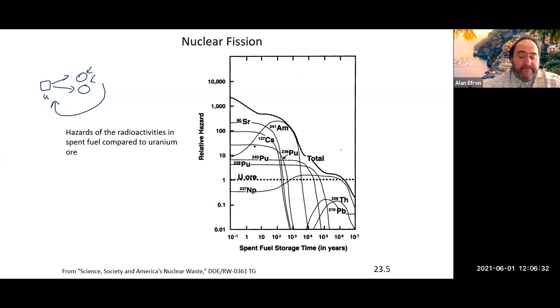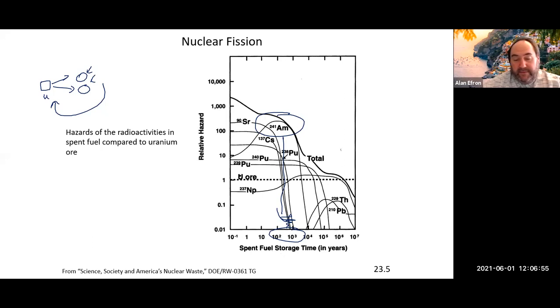And how long you need to store them before they're not such a hazard. You can see that there's a lot of things that are relatively high in terms of hazards. If you go down in terms of years, you're in this region, and that's like 100 years to 1,000 years. So a lot of these things do hang around a very long time.